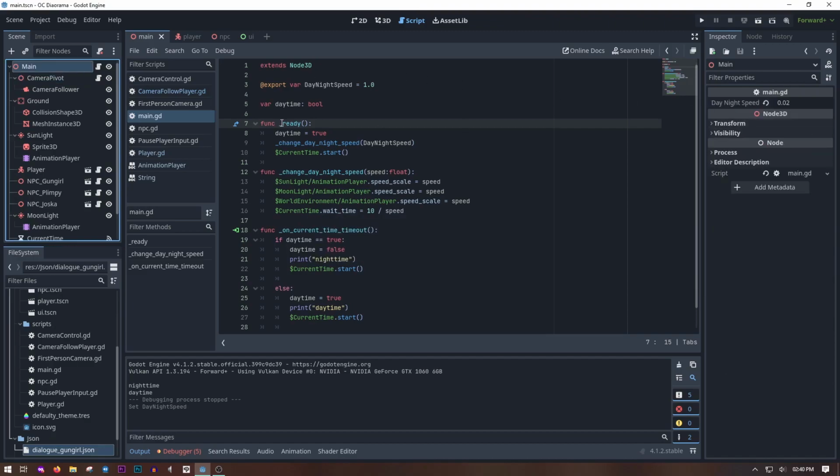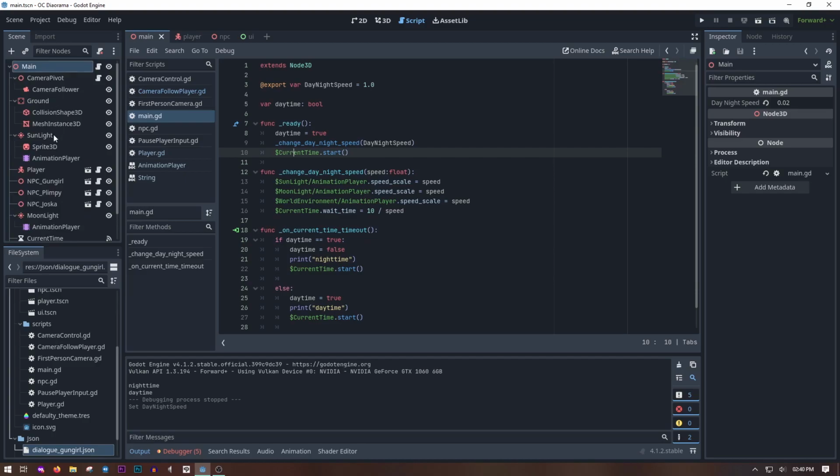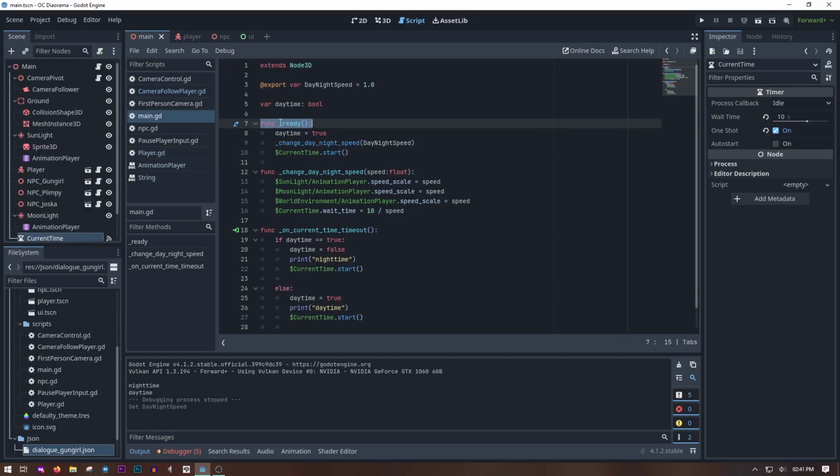Alright, and current time start. So current time is, the $ sign is referencing a thing in the same tree, I think. So current time is this timer here. This timer has a timer of 10 seconds, and it starts the timer when this node is ready or is loaded in.